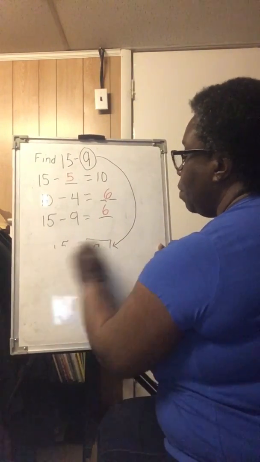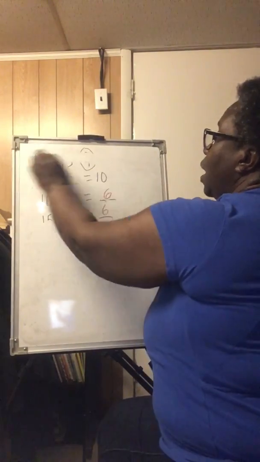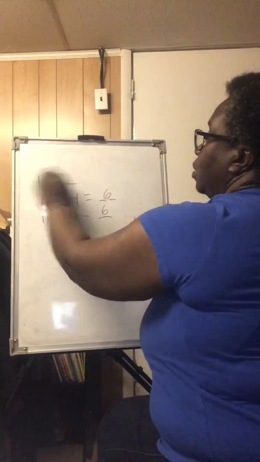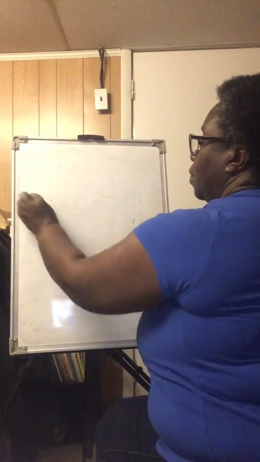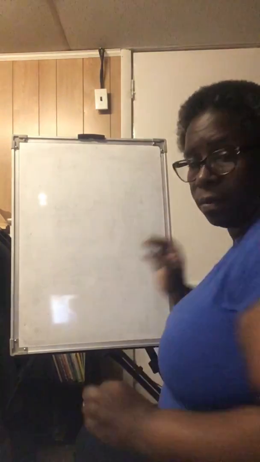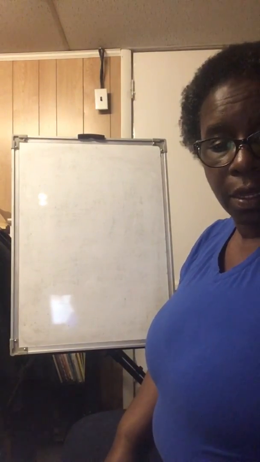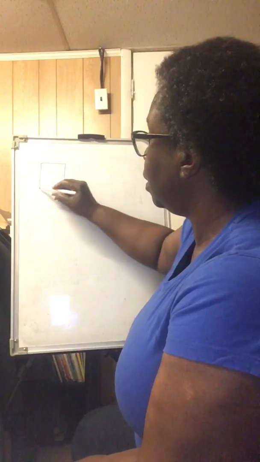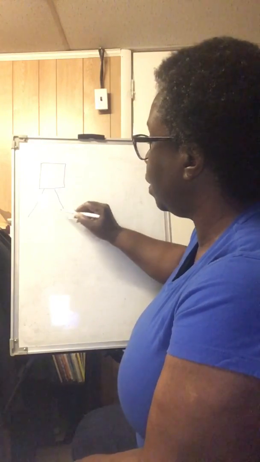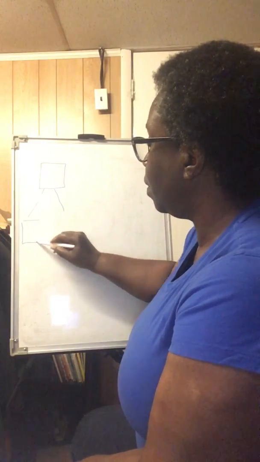It's working with our number bonds. And that's what we've been doing a lot of working with, our number bonds, okay? Somewhat the same way that we just did. So on our number bond, they give you a number bond.